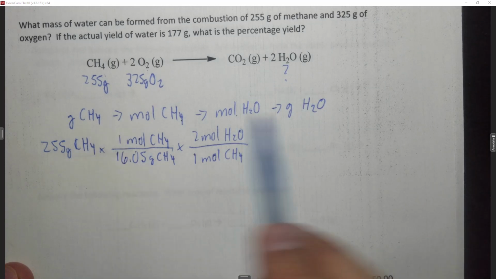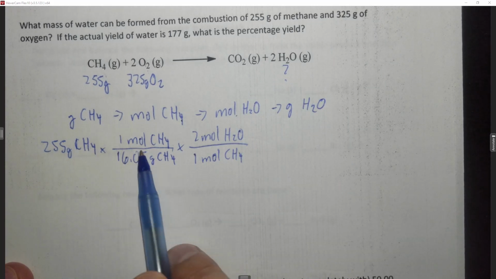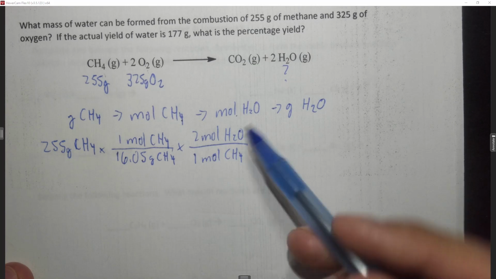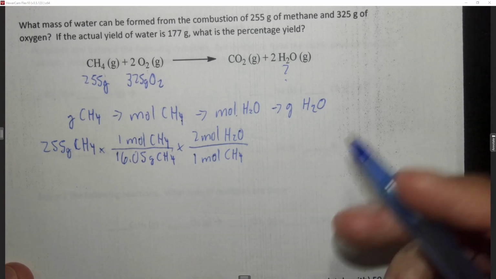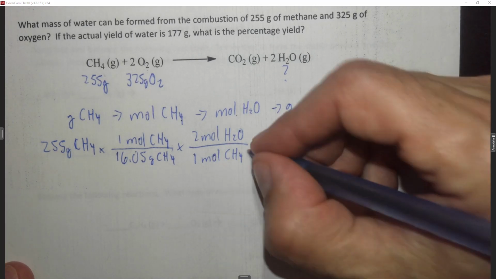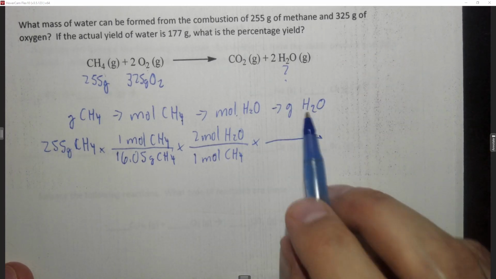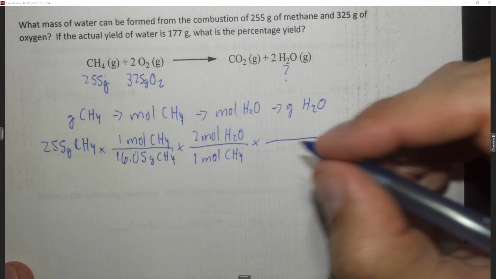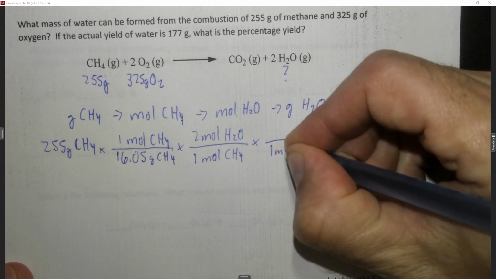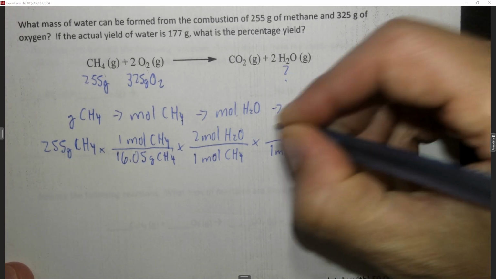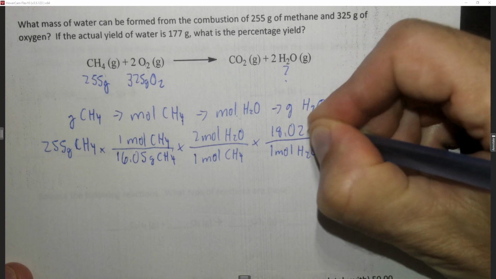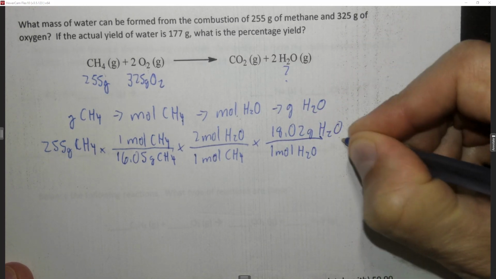You'll note that in these plans of attack, every time you have an arrow, you have a conversion factor. You need an equality to make it into a conversion factor. Now we want to convert from moles of water to grams of water. That's going to use the molar mass of water, like was done a lot of times in the previous question. 1 mole of water is 18.02 grams of water.